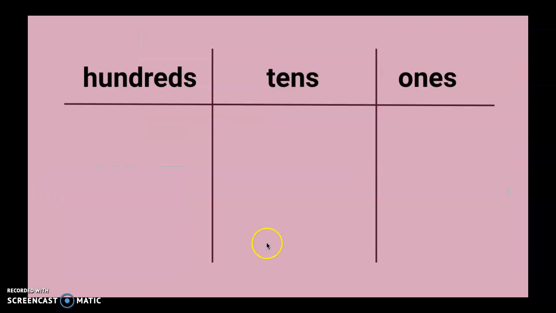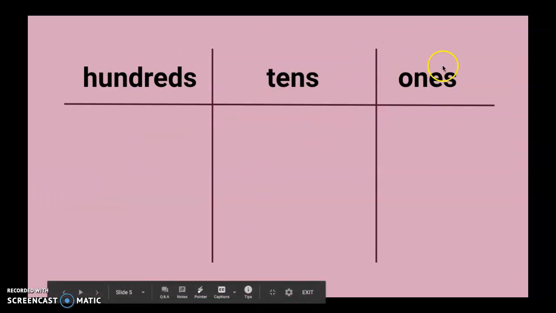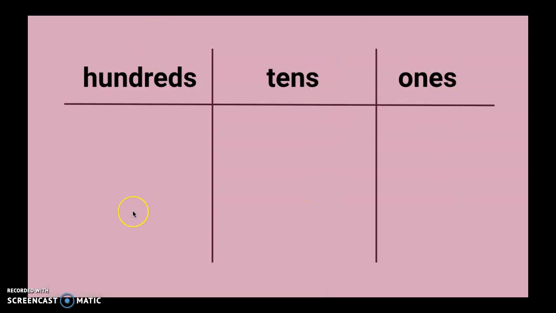We know that when we look at a number, we start in the ones place, the tens place, and then the hundreds place. So your ones place is going to be the first position on the right side. And we know that with the ones place, we can add all the way up from 0 to 9.